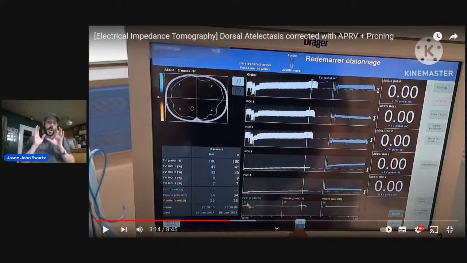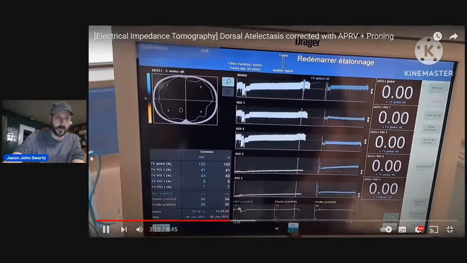It's really just showing us the distribution of ventilation. But when you look at the CT scans of these areas where there's dorsal collapse or dorsal consolidation, and you look at where the aeration is, and you look at the machine, it's almost spot on when it comes to the accuracy. So this is an extremely accurate technology.